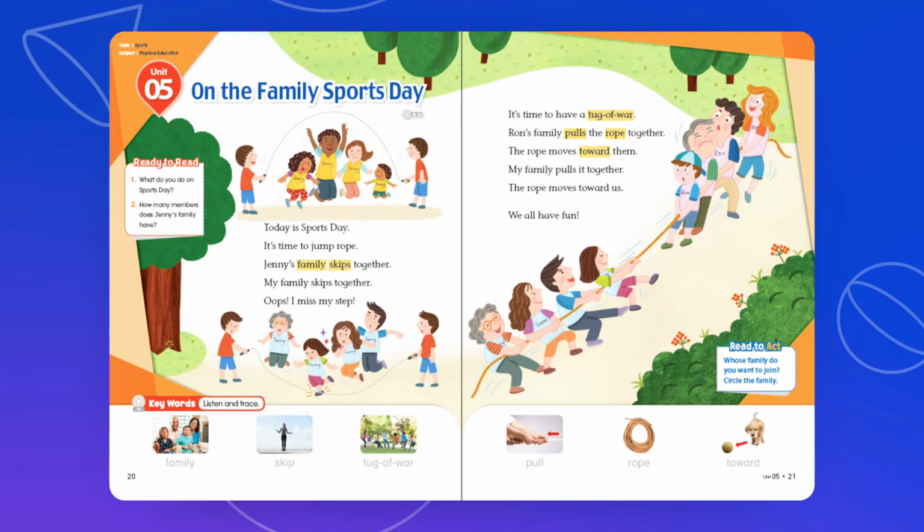I missed my step. It's time to have a tug of war. Ron's family pulls the rope together. The rope moves toward them. My family pulls it together.